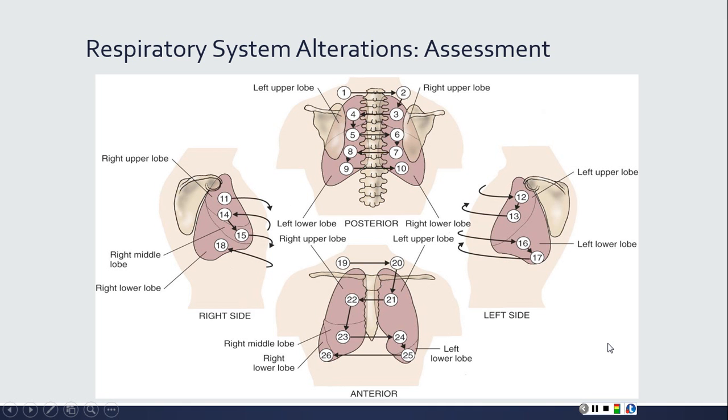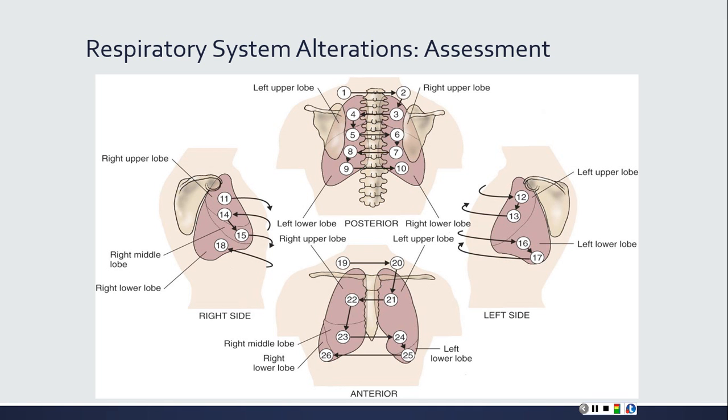If I only assess a patient's back, if I only do auscultation of the back, am I actually listening to every lung field? No. Because how many lobes did we say we had on that right side? If you look at the back, you can assess bilaterally, you're doing everything you're supposed to, but there's no way for you to assess the third lobe on the right side if you only assess from the back.